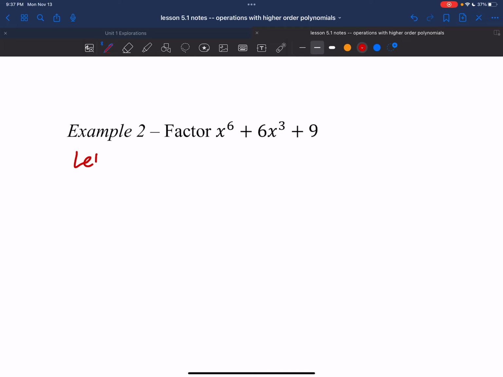So let's try that again. Let's let u be not x squared this time, but x cubed. Then that means u squared is x cubed squared. That's just x to the 6th. So you can see, I'm going to make that substitution again, right? X to the 6th is u squared. X cubed is u.